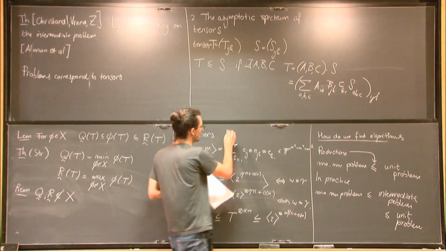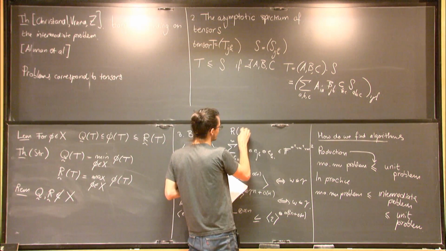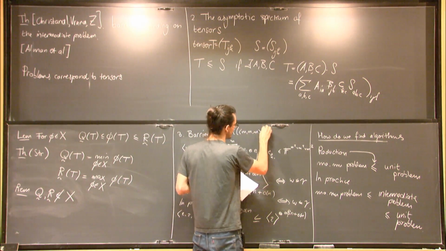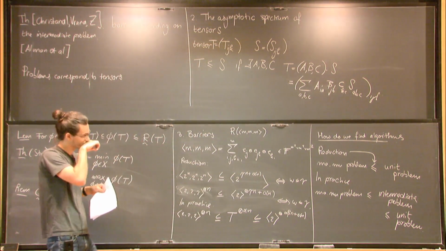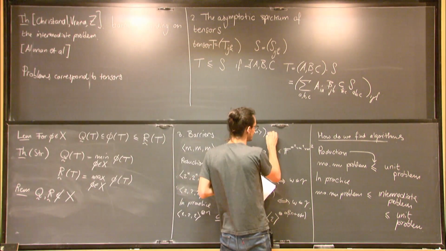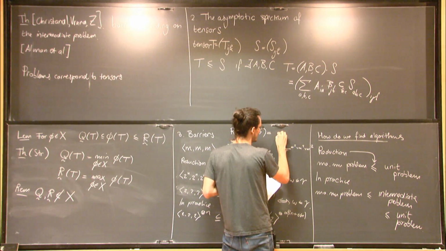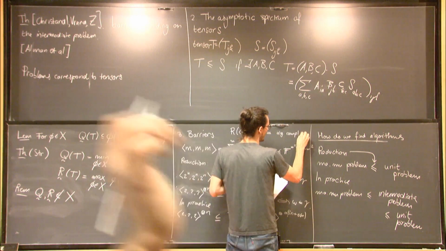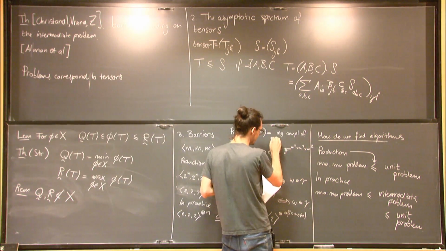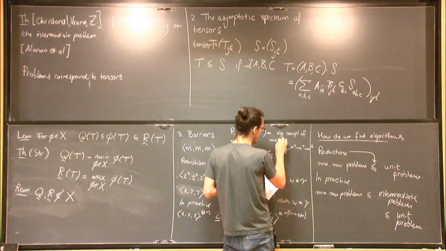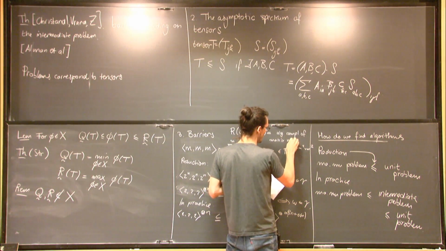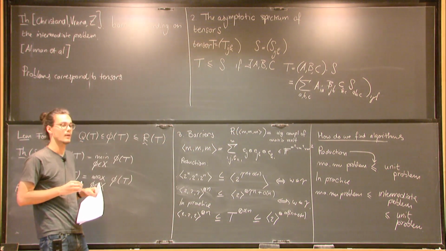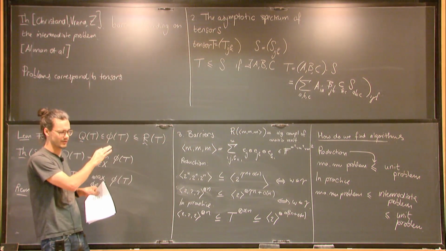If you look at the rank of the matrix multiplication tensor, the tensor rank, then this is equal to the algebraic complexity of matrix multiplication, up to some factor of 2 or something. I claim. And there is something non-trivial going on here.